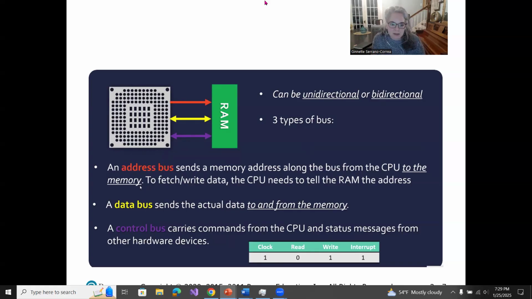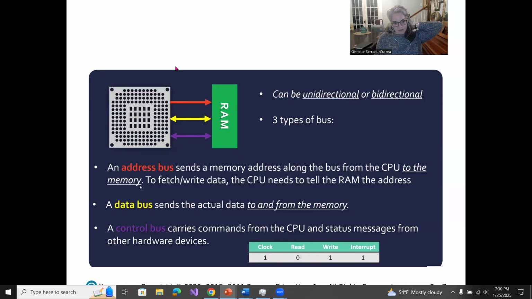The other thing about buses is that they can be unidirectional or bidirectional. Meaning the bits, the ones and the zeros, can go one direction only, from CPU to RAM, or they can go both ways, from RAM to CPU and CPU to RAM.